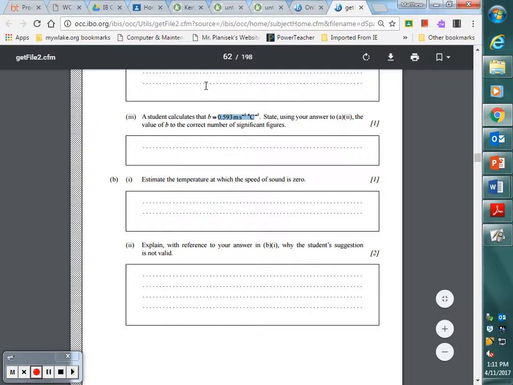All right. Part B, or part BI, says estimate the temperature at which the speed of sound is 0. So, how are we going to do this? Say again? Problem with that is what? Well, not so much that.